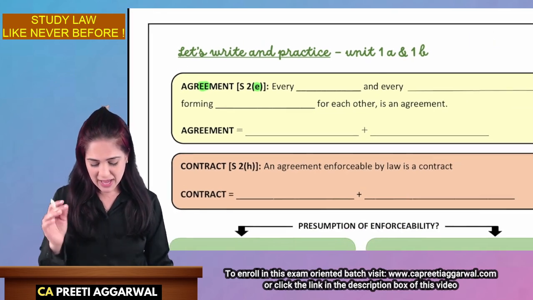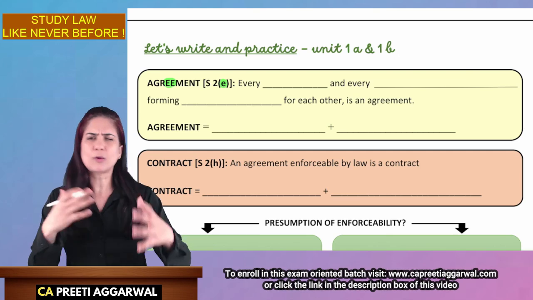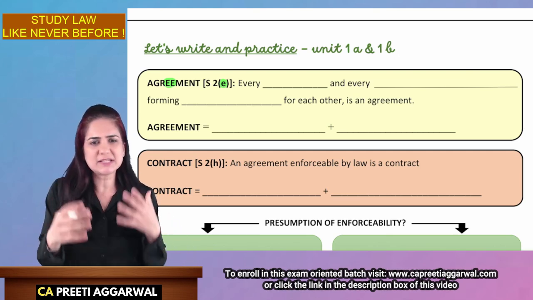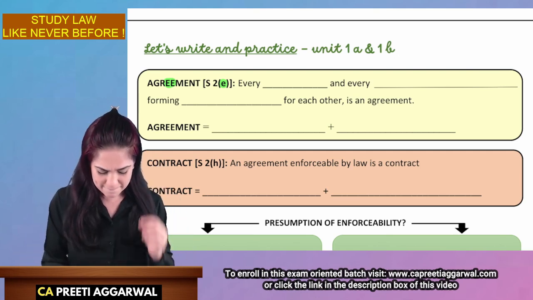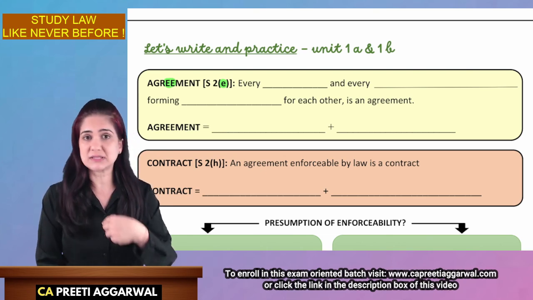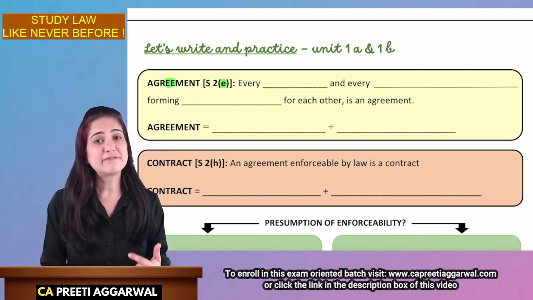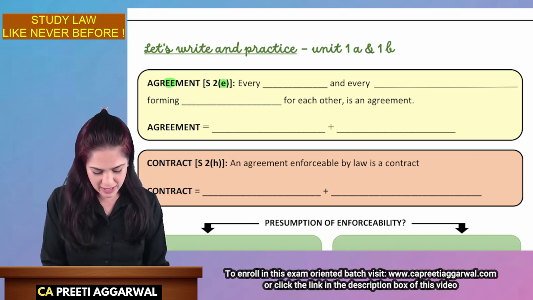Okay. Now, every, yes, come on, let's be very quick when we revise. Okay. Let us make it a very quick revision. Every, what should I write over here? You answer. This is your revision. Every promise. How did I teach you in the class?